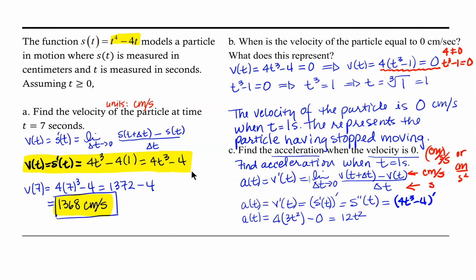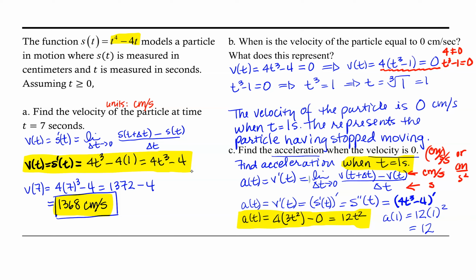Now, we have our acceleration function. We can go ahead and find the acceleration when velocity is 0. That is, remind ourselves, when t was 1 second. So acceleration after 1 second is 12 times 1 squared. So that would be 12.